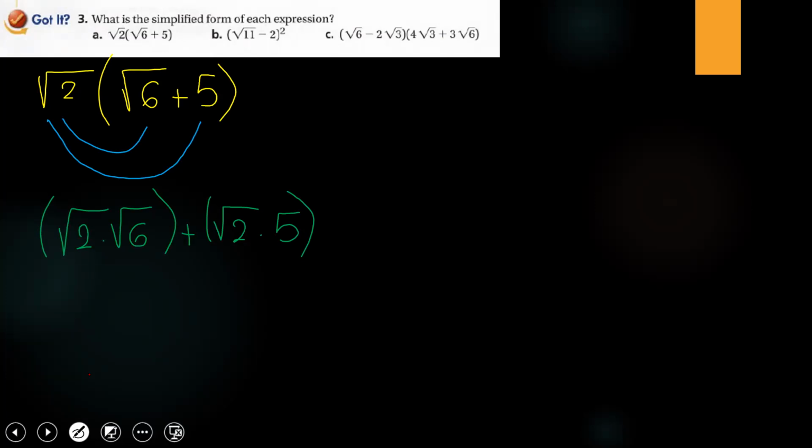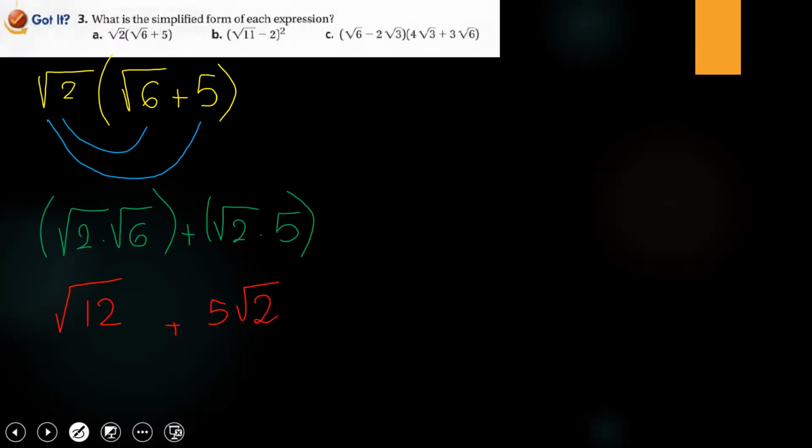Now, square root of 2 times square root of 6, let's combine them in square root of 12. Plus, how can we multiply square root of 2 times 5? It's 5 square root of 2.